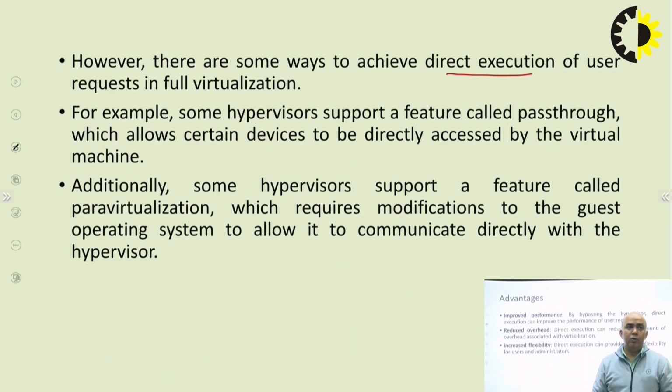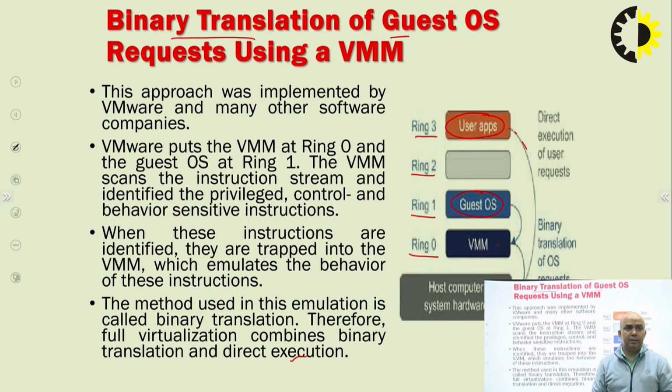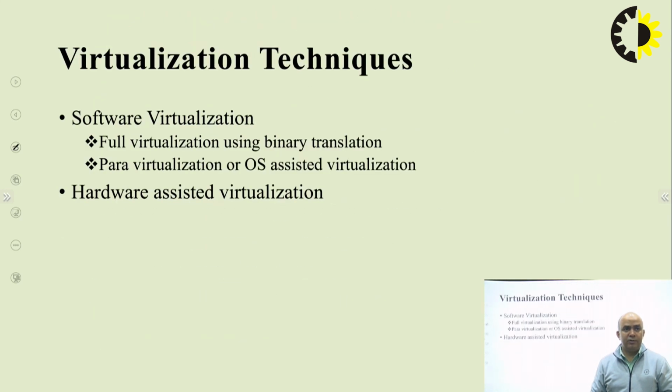So generally there are two types of virtualization techniques: software virtualization and hardware assisted virtualization. In software, we have full virtualization using binary translation, and para virtualization where we have a modified operating system which interacts with the hardware with the help of the VMM. But in both cases, the user application can interact directly with the hardware under certain conditions.